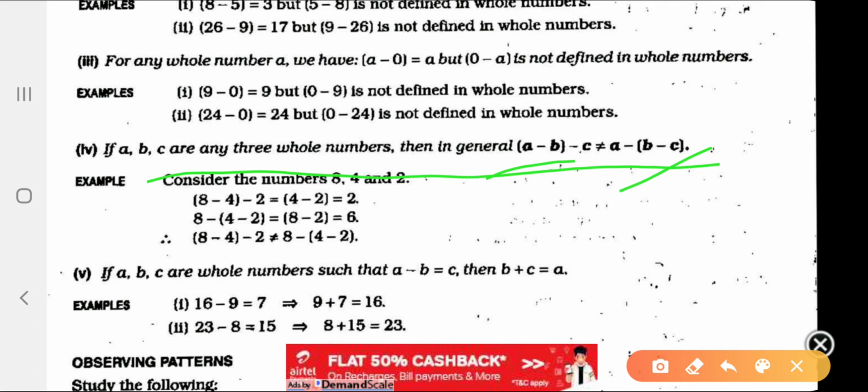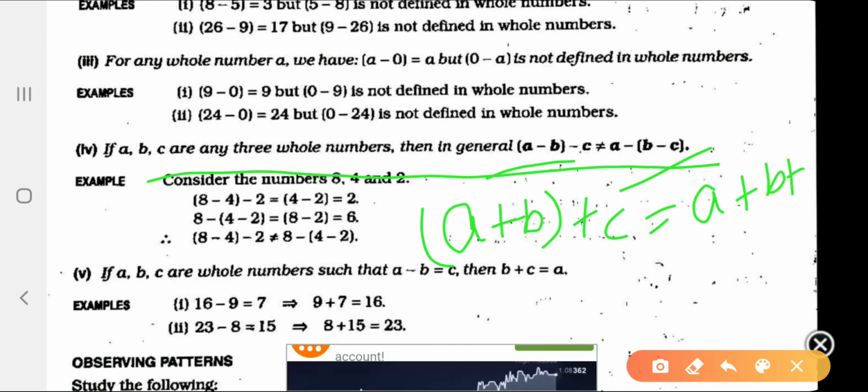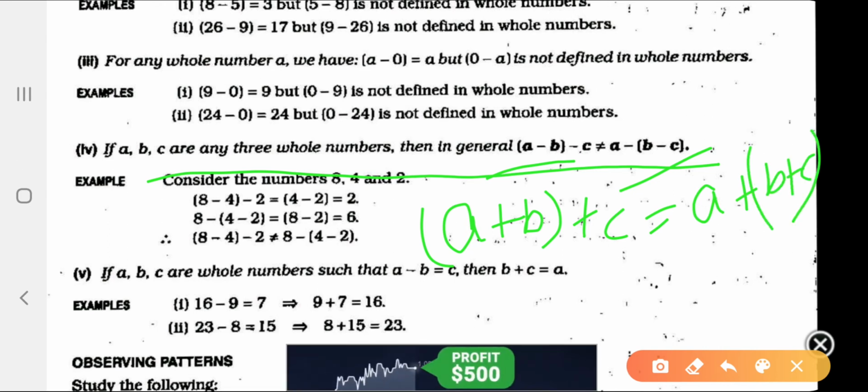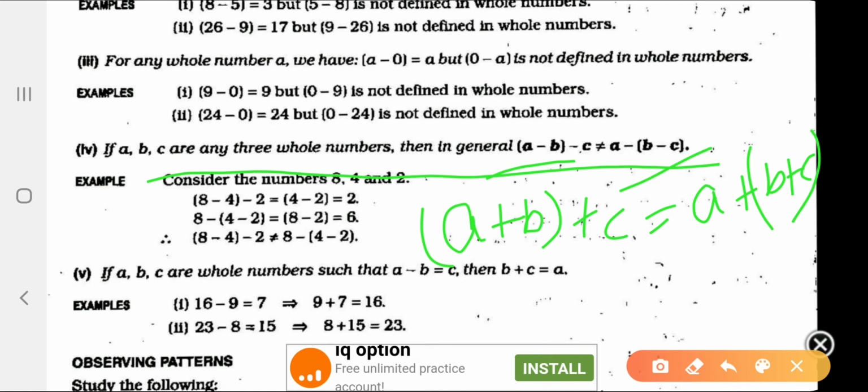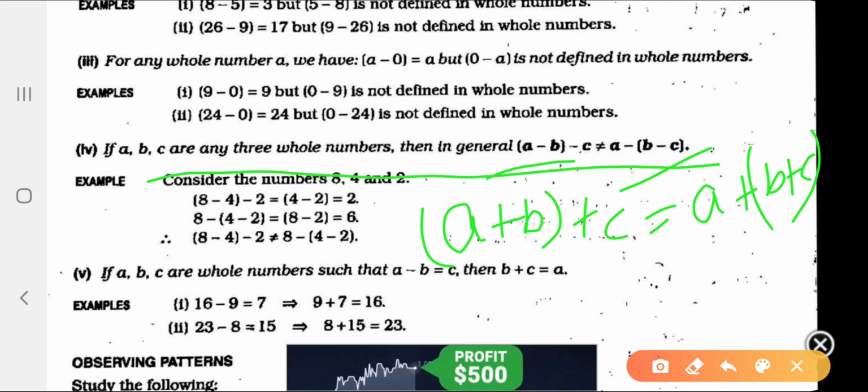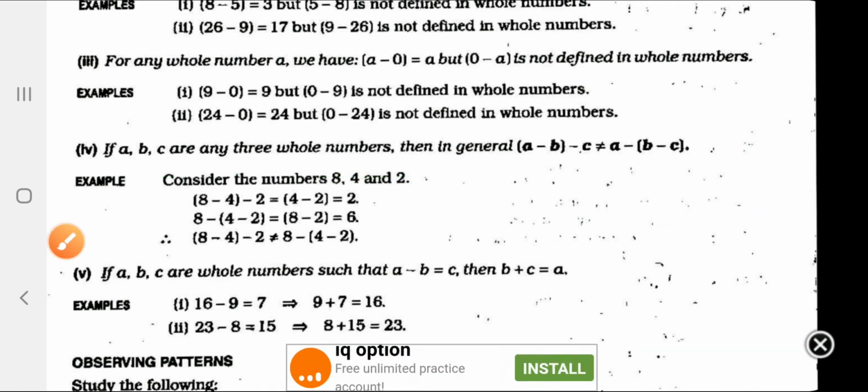Addition follows the associative law. We had seen that (a plus b) plus c was equal to a plus (b plus c), but it cannot be possible in subtraction. It is just possible in addition. The examples have been given, you can understand from there also.